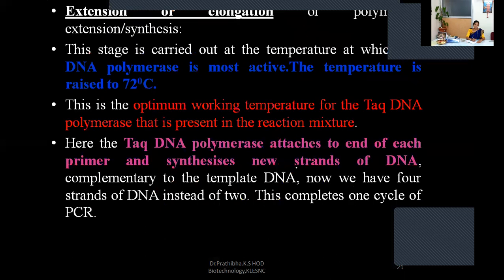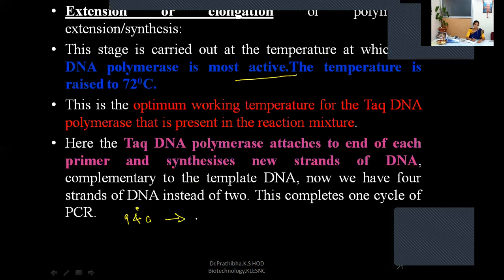Now let us understand extension or elongation or polymerase extension or synthesis. This stage is carried out at the temperature at which DNA polymerase enzyme is most active. The temperature is raised to 72 degrees Celsius. Denaturation was at 94 degrees Celsius, right?